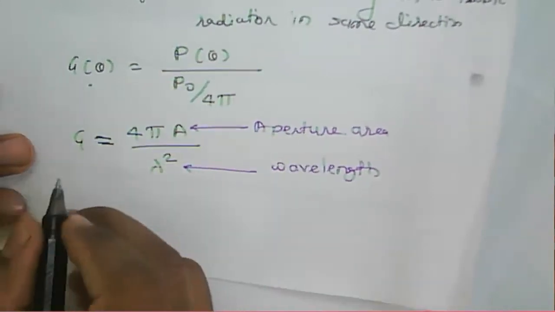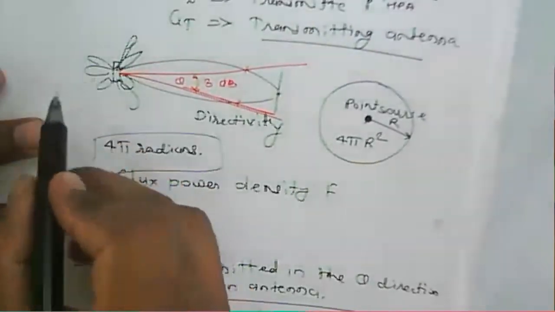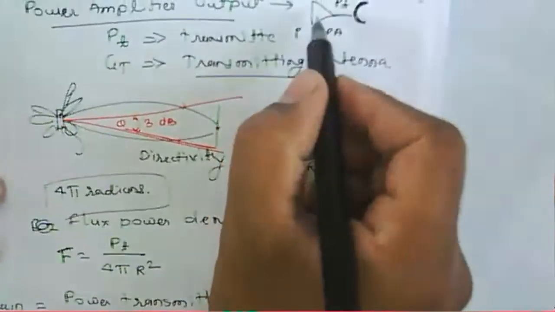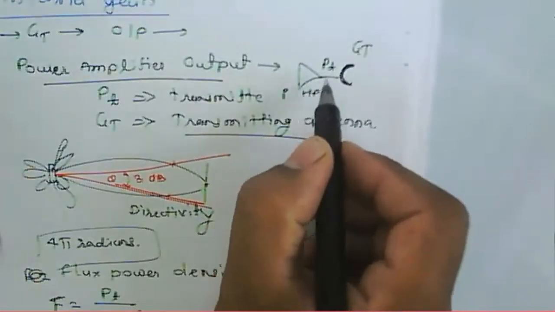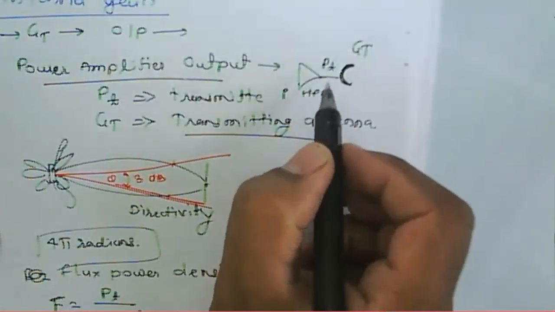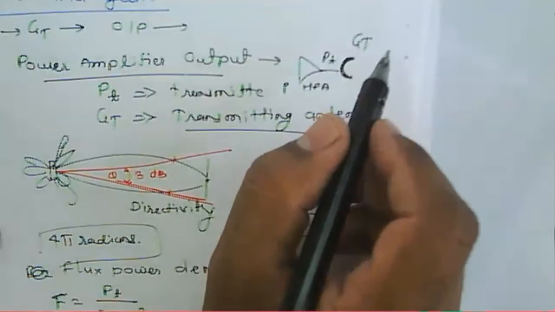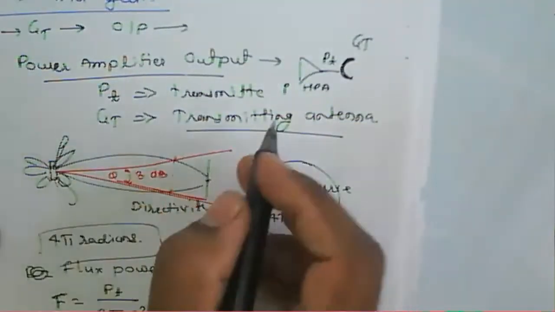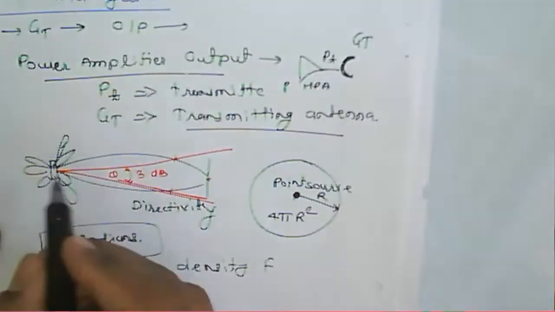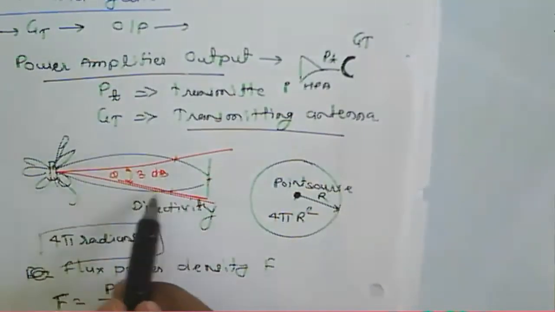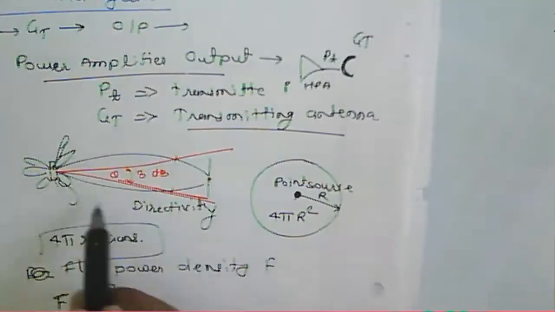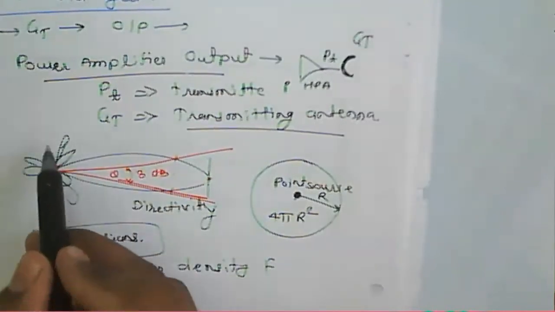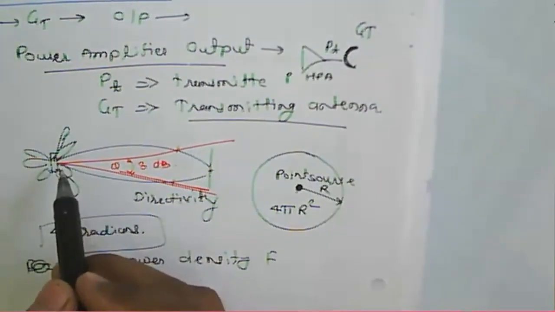So generally we say that when we provide the input from this amplifier to the antenna, all power will not be transmitted in the given direction. So even in the calculation of gain we consider only the main lobe, and this one is the back lobe and side lobe, which we are not considering.